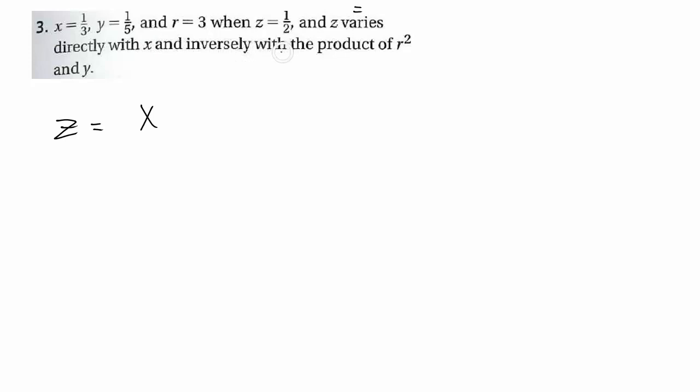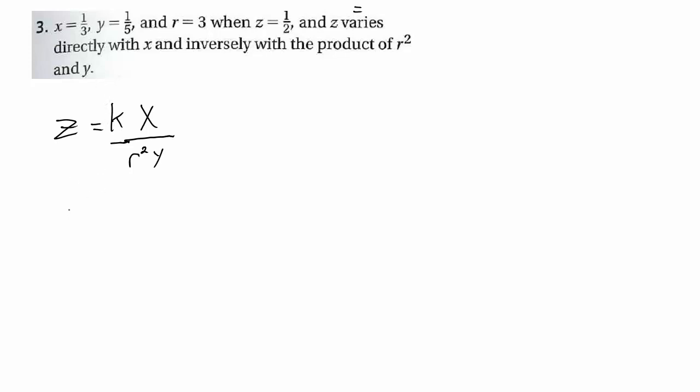Now inversely with the product of r squared and y. Inversely means it goes on the bottom, and that means r squared and y are going to be multiplied together on the bottom. And because it varies, you put your constant of proportionality.